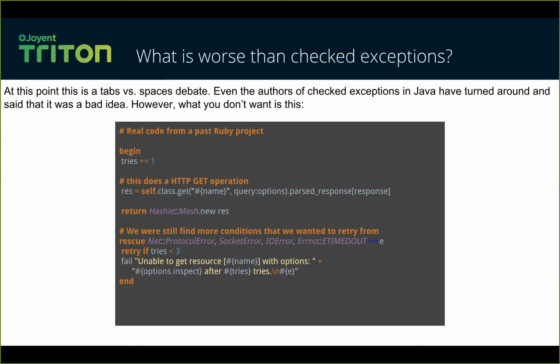And let me tell you, there's some wacky servers out there, especially if you're not controlling the list. Through trial and error, we kept discovering more and more errors than we thought were enumerated in this rescue statement here.